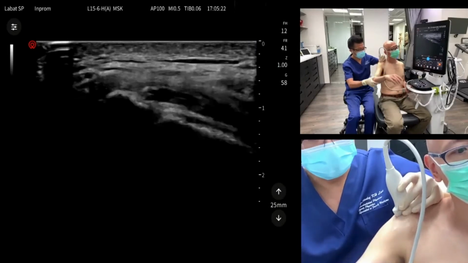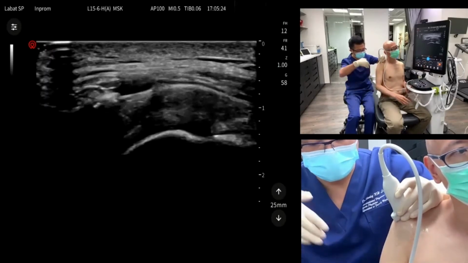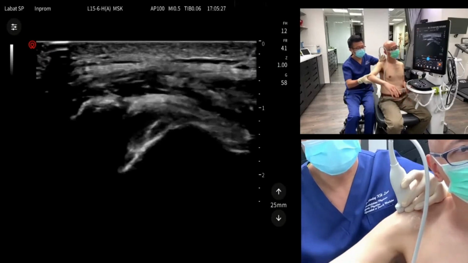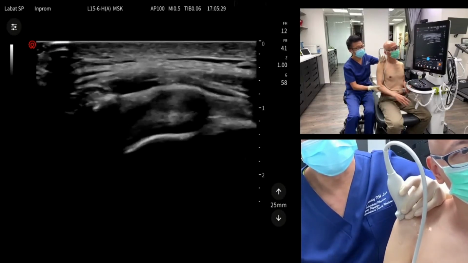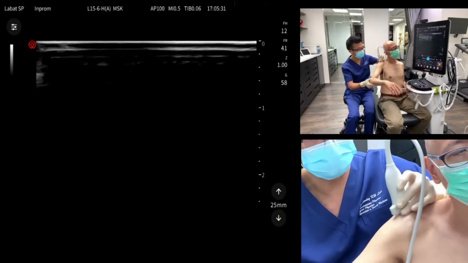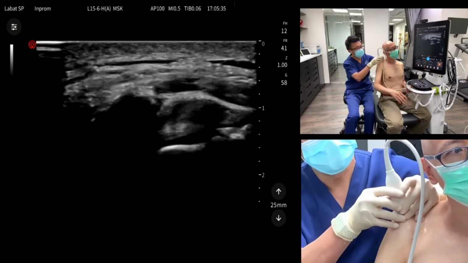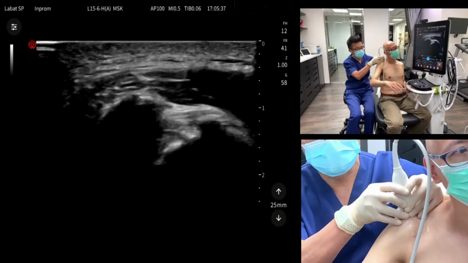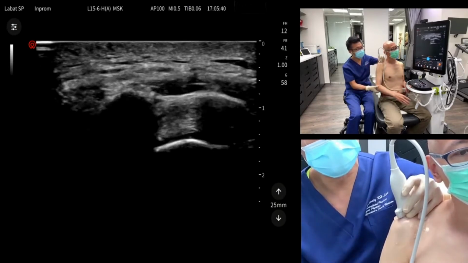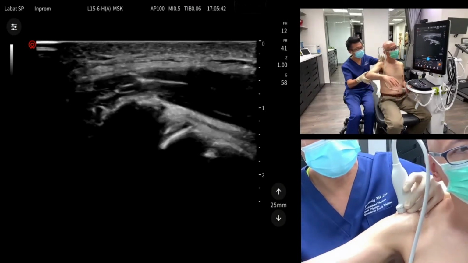So the movement right now is along this fascial plane. You demonstrate to the patient, then you ask the patient to do that themselves, and the probe just follows the movement.